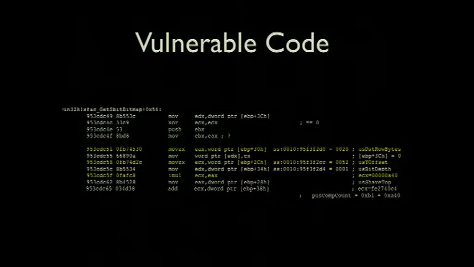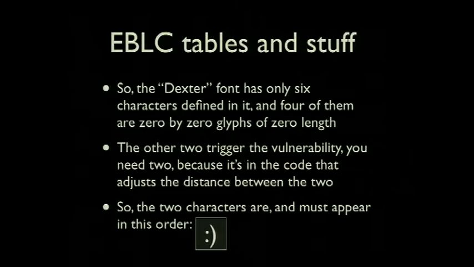So this is the vulnerable code and context. There's not a check done by this point. So these are the two values, and this is the multiplication, and that basically gives you what the offset is. I think I had some slides for doing the math on here, but I don't know.